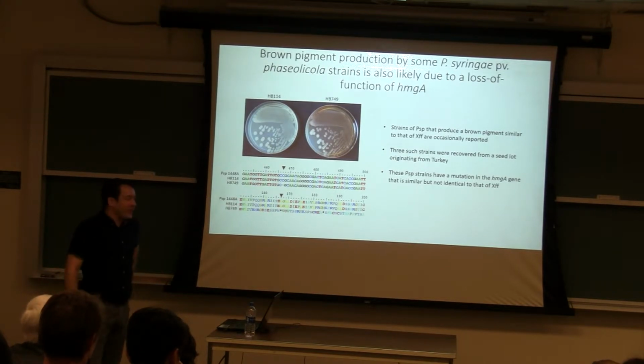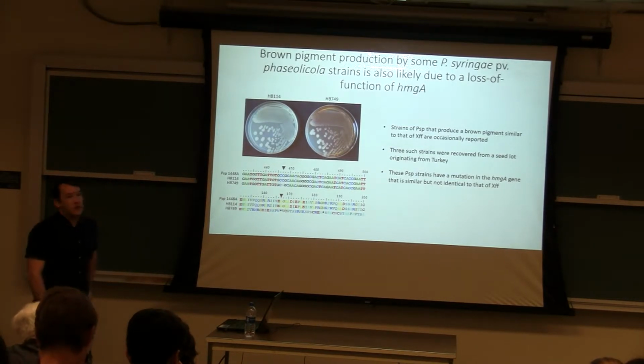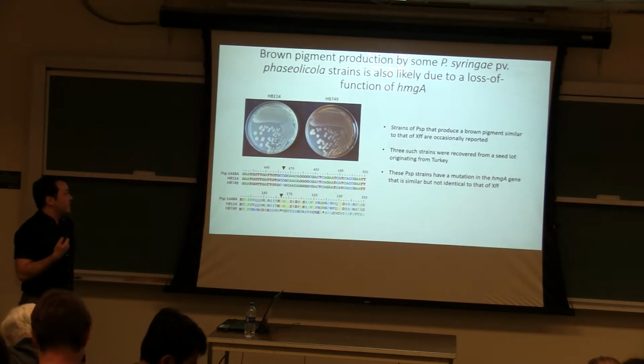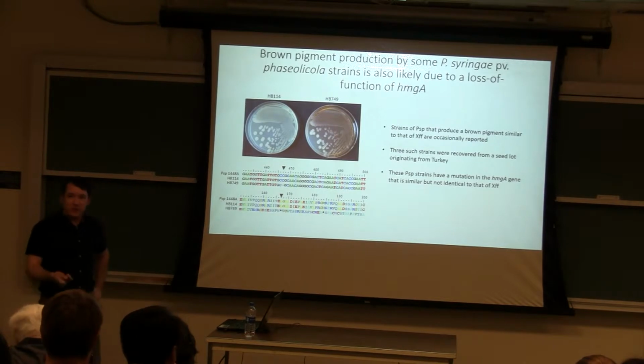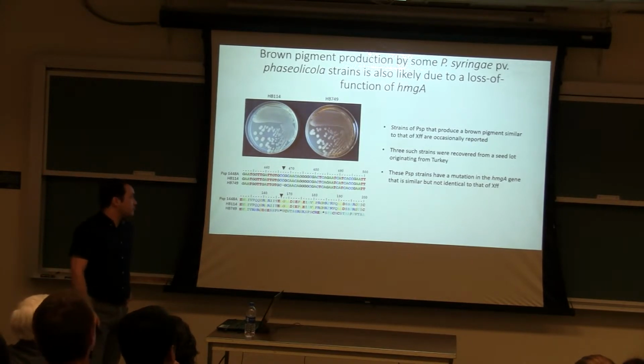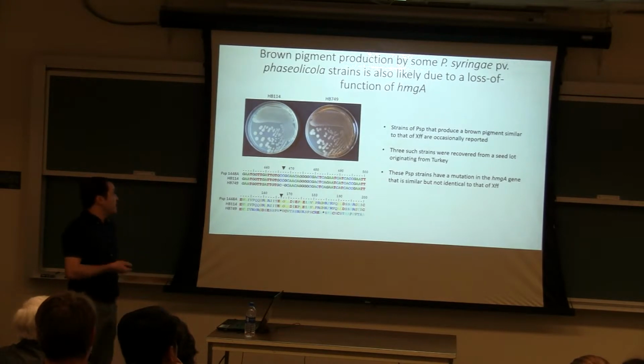If you dig back in the literature, it's not commonly reported, but some halo blight strains make a brown pigment that is referred to as similar to that produced by Xanthomonas citri subspecies fuscans, right? So this is a cool opportunity to see what this actually was.